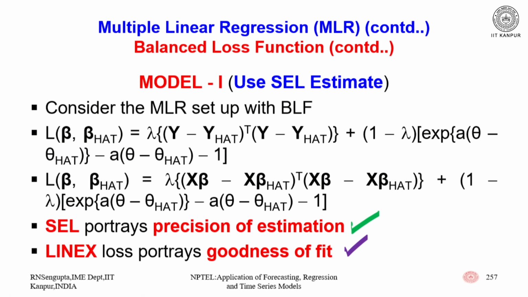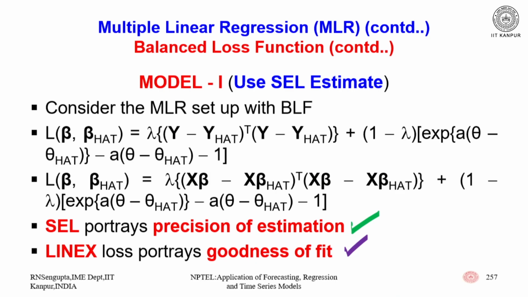Hence, you will find it accordingly. Now, when I am trying to find out the goodness of fit or the precision of estimation, the words precision and goodness would be interchanged, in the sense that in some cases more concentration is given on y, or in some other case more concentration is given on finding out theta or beta, whichever the case is.